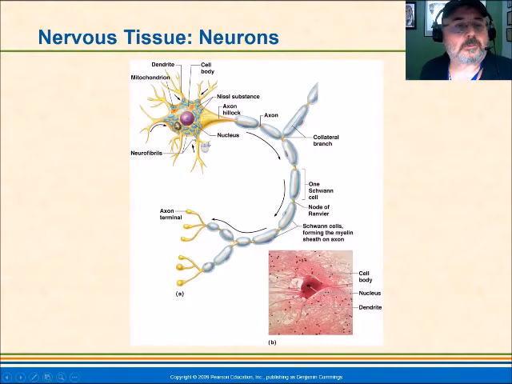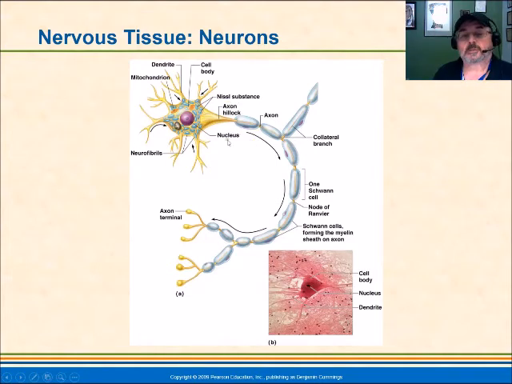Other characteristics, well, structurally, a neuron looks something like this. We've got a body. We've got a single axon that goes out, and now that axon may have branches that go off of it, but we have a single axon that goes out. So basically, a neuron can send a signal or not.